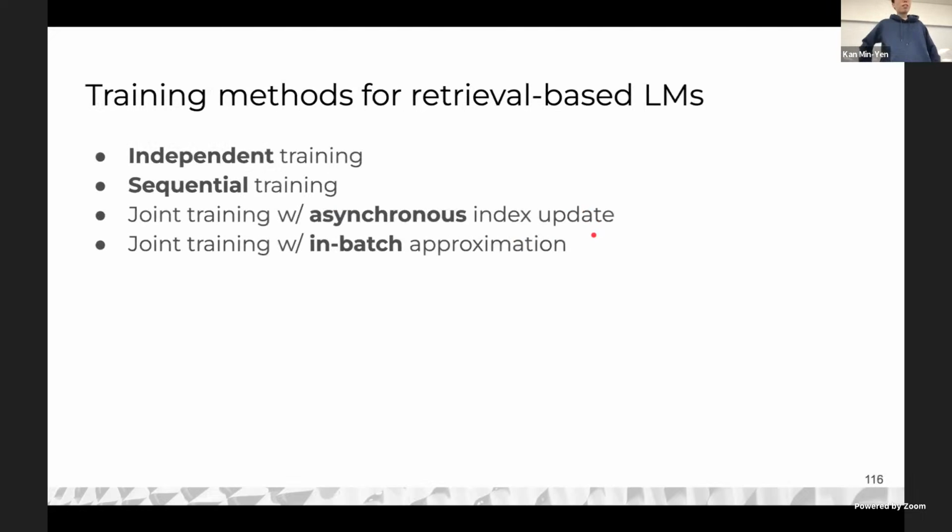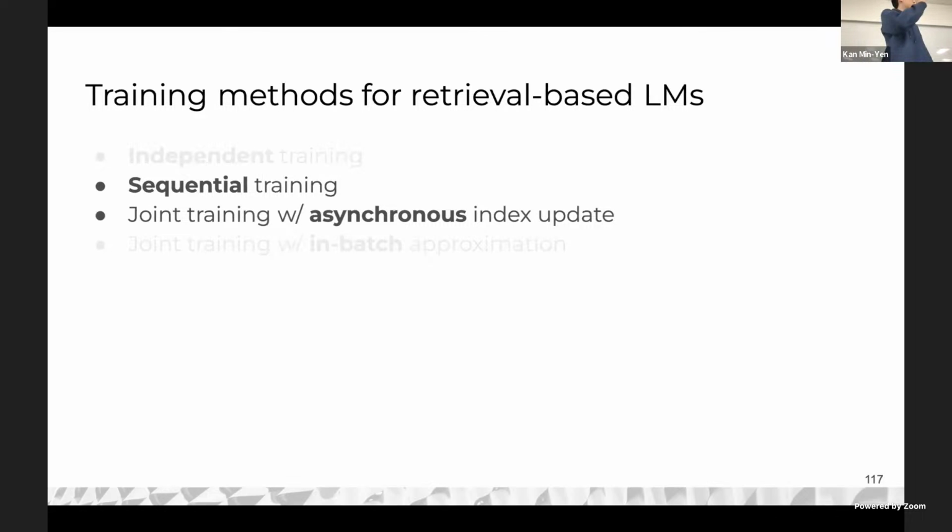Overall, we can classify the training methods into these four categories: independent, sequential, or joint. Joint means training them together, either with a synchronous index update or with in-batch approximations. I will maybe only focus on two of them today due to time constraints. The other two I'll only touch on very briefly.